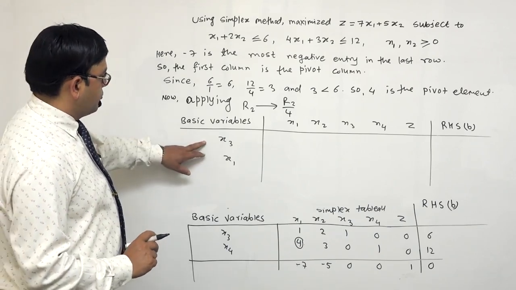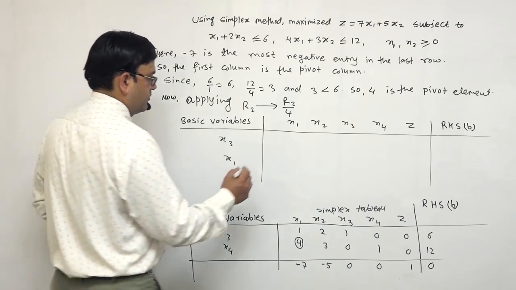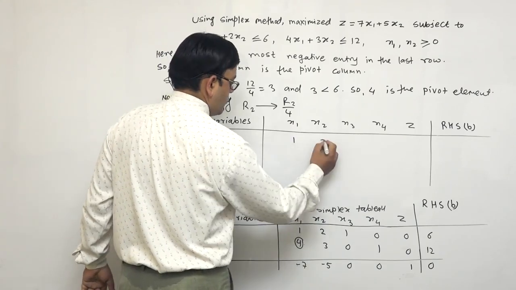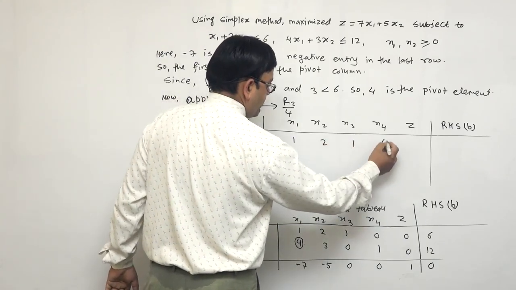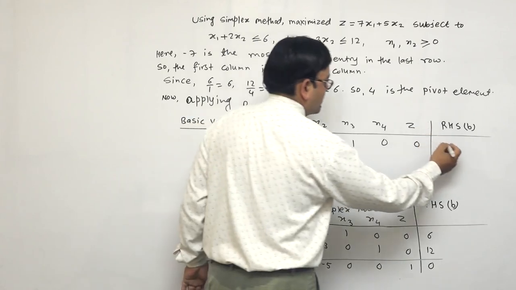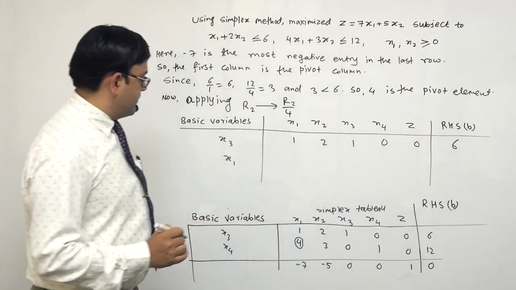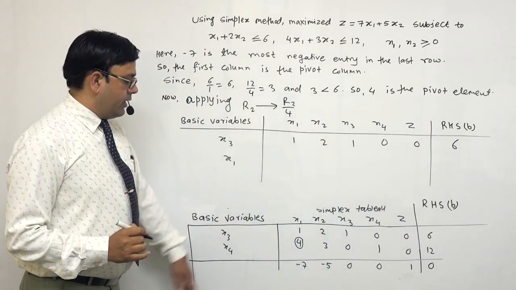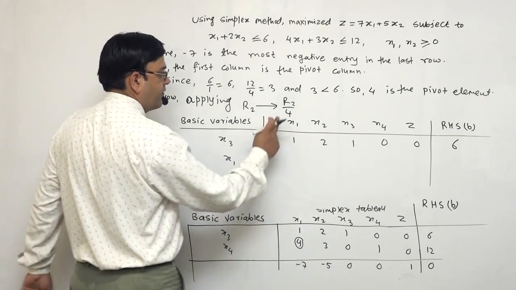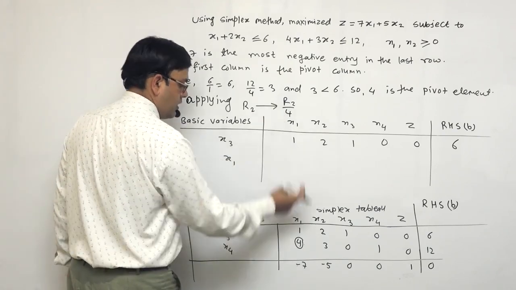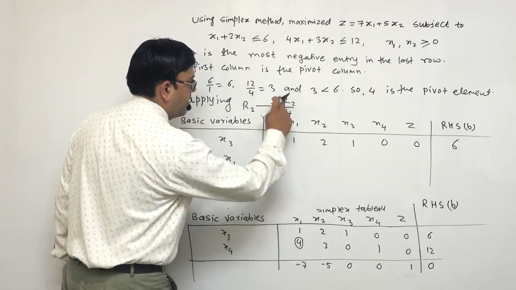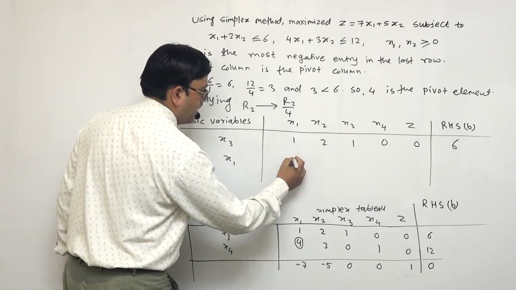So here our x3 is 1, 2, 1, 0, 0, and this one is 6. So x1 is here 4. Here is R2, हेर्नुस् त, R2 लाई 4 ले डिवाइड गर्दाखेरि R2 means 4, 4/4 is 1.